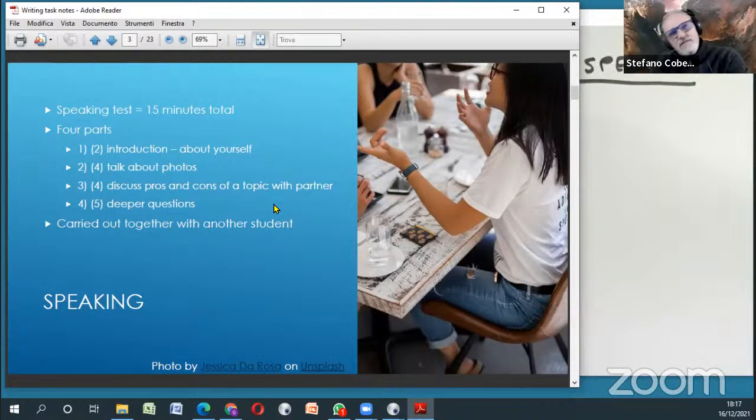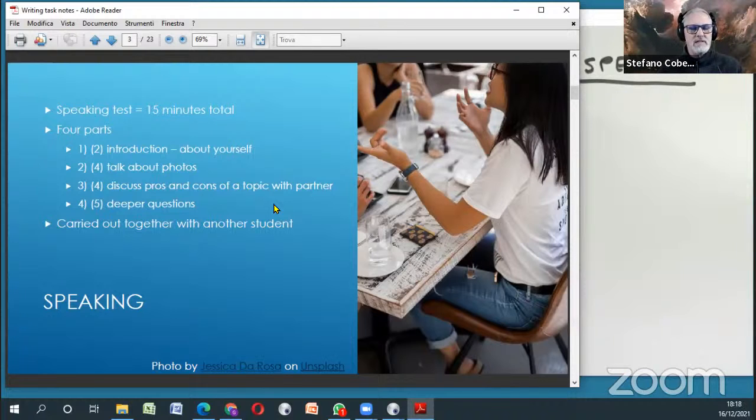And when they've finished talking about their photos, you will be asked to make a brief comment on their photos. So there's a little bit more interaction going on, although it's not a conversation, it's you commenting on their photos.